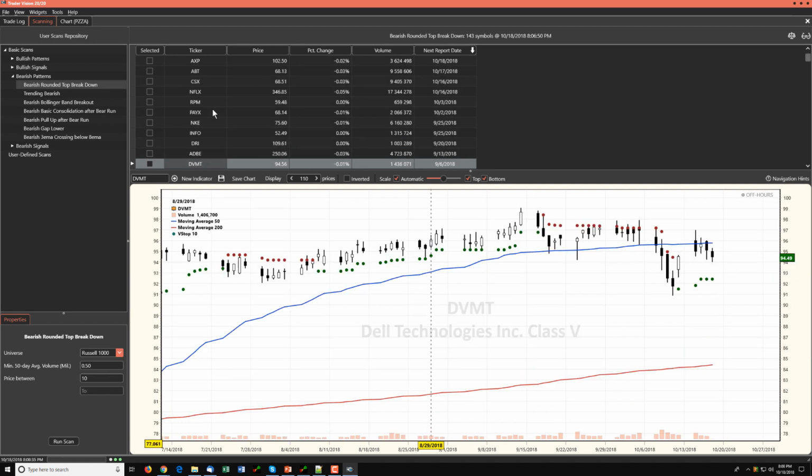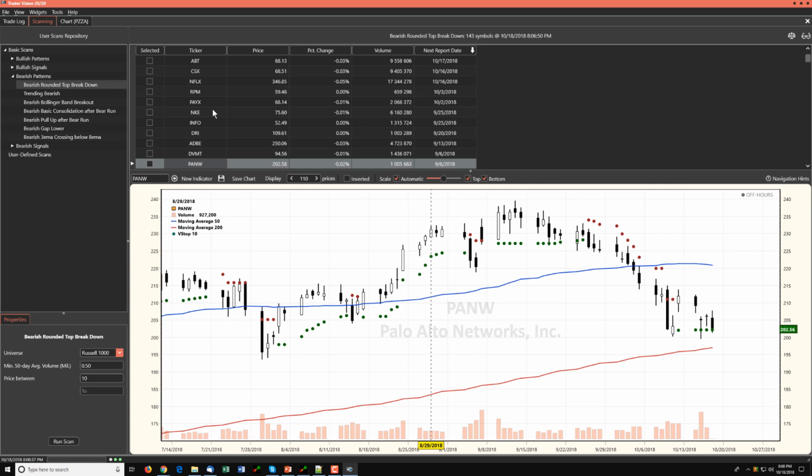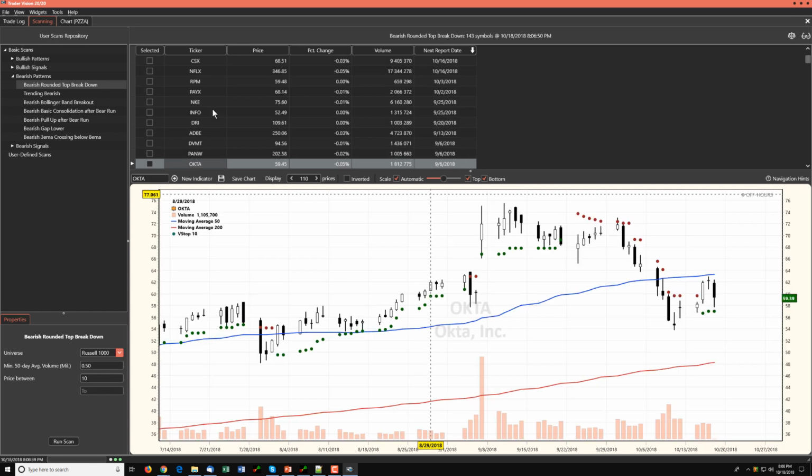It's pretty quick. I'm just using the arrow key to pound down through these things. Here's one that might have some potential. Again, evening star off of the 50, and I think that's worth a look. So that's OKTA. Let's just keep going.